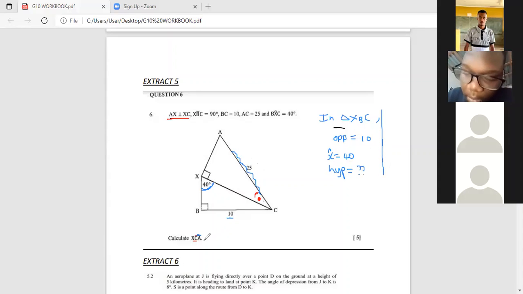So in triangle, what I actually want is XCA. So in triangle XCA, what I know is the hypotenuse side. The hypotenuse side is equal to 25.